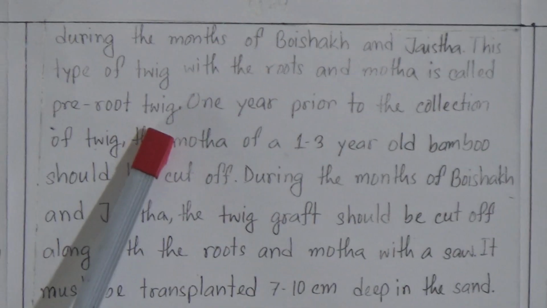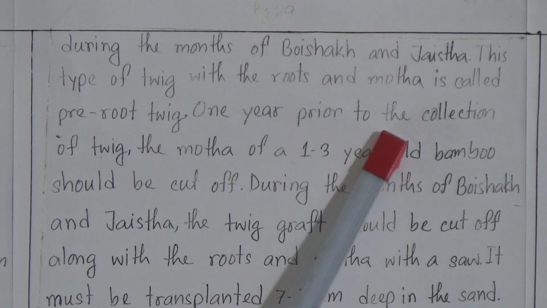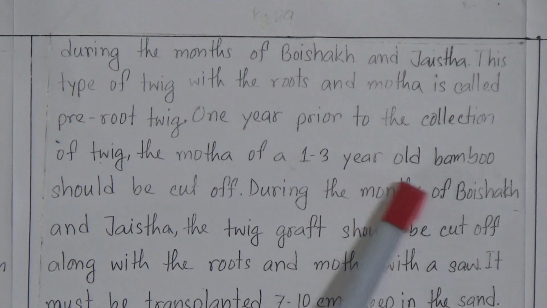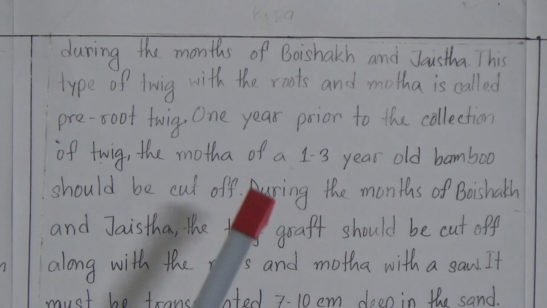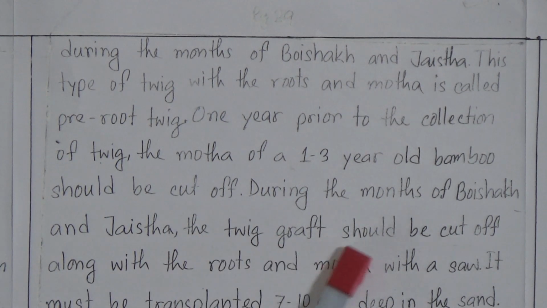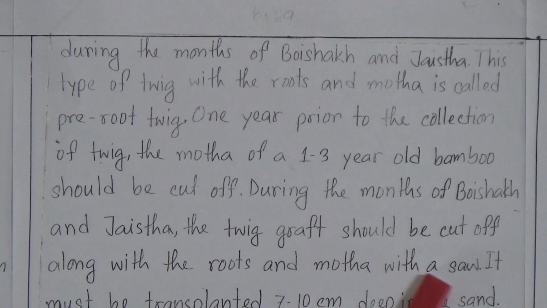And this type of twig with the roots and motha is called pre-root twig. 1 year prior to the collection of twig, the motha of a 1 to 3 year old bamboo should be cut off. During the months of Boishak and Jyeshtha, the twig graft should be cut off along with the roots and motha with a saw.